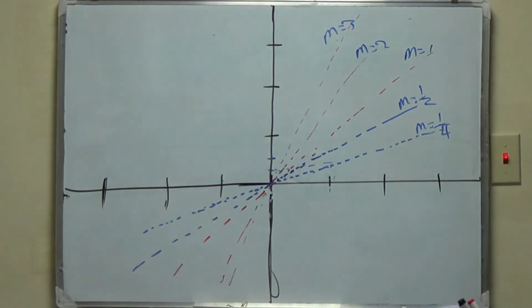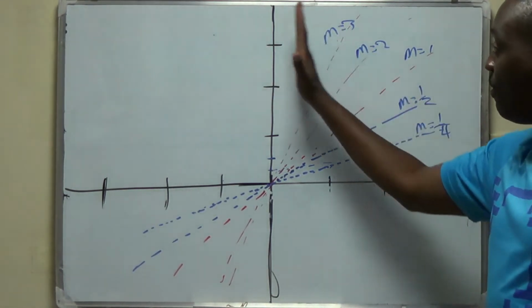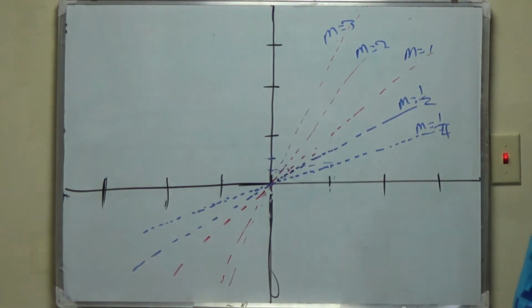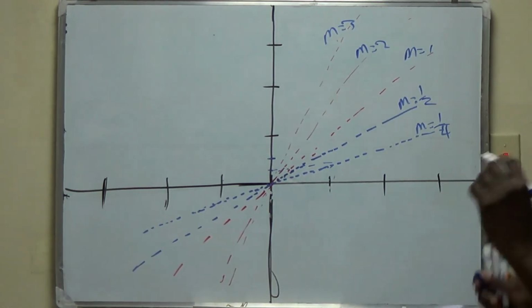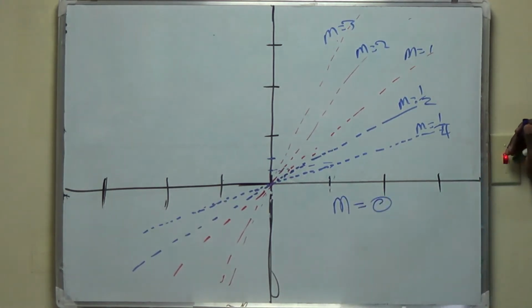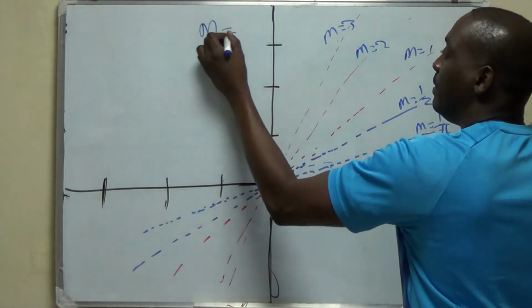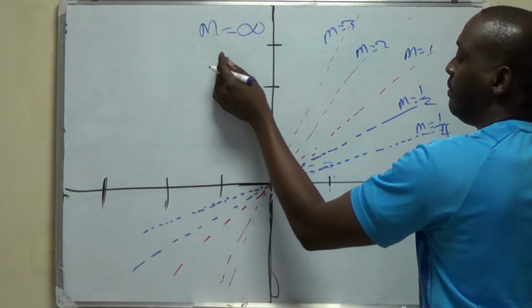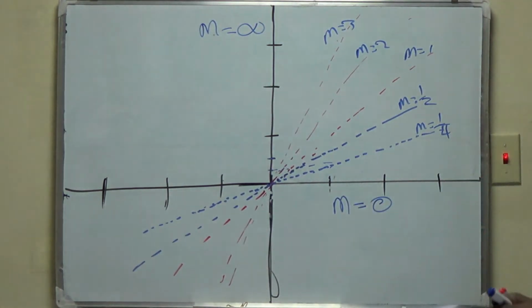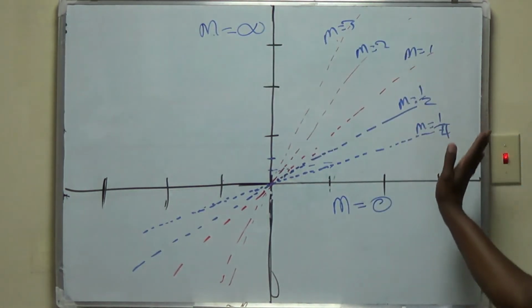So again, you see the clear pattern where as the gradient increases, the line gets more vertical, and as the gradient decreases, the line gets more horizontal, which is then to say that the gradient of a horizontal line would be m equal 0, and the gradient of a vertical line would be m equal infinity, right? So between the extreme limits of 0 and infinity, you have a whole spectrum of gradients.